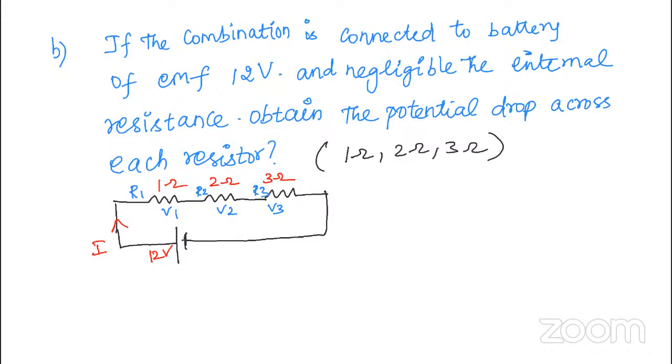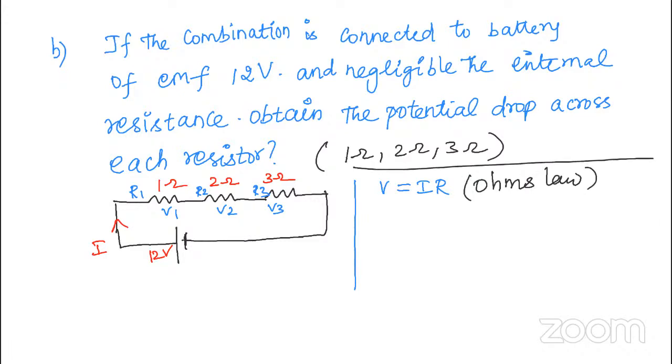Okay. So now we know how to calculate the potential drop values. So how do we find this? How do we solve this question? For this we need the I value. According to Ohm's law, what do we know? V is equal to I into R. According to Ohm's law, V is equal to I into R. Okay, so now the values dropped at the first junction, how do we write V1?